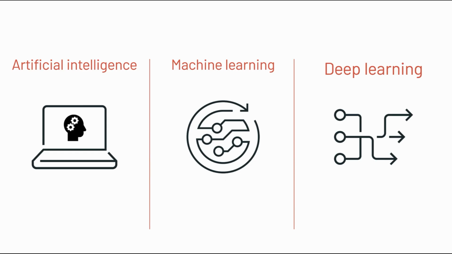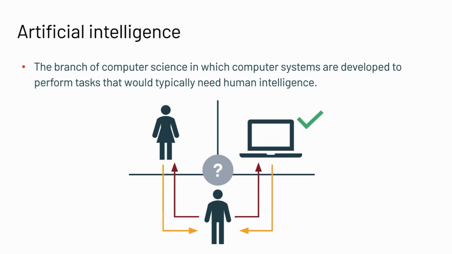We'll review the relationship between artificial intelligence, machine learning, and deep learning. Like I said, a lot of the times these terms are thrown around, but they do mean different things. So let's go ahead and start reviewing these terms. Artificial intelligence.